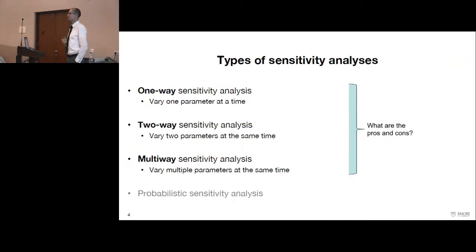Practically, in the real world, multi-way sensitivity analysis might be better. In the real world scenario, parameters keep on changing. And then we can change our decisions depending on what parameters we need to focus on, which parameter is most reliable.